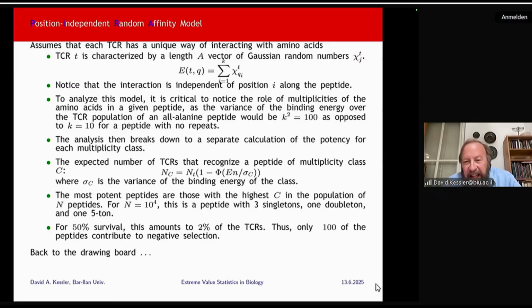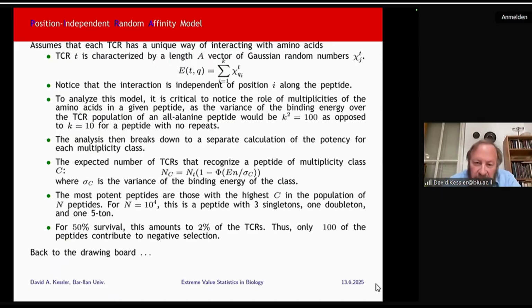Again, the binding energy is a sum over K of numbers, but now the numbers do not depend on the MJ matrix. In fact, they're just random Gaussian numbers. The random number depends on the TCR T and the amino acid that it's interacting with.